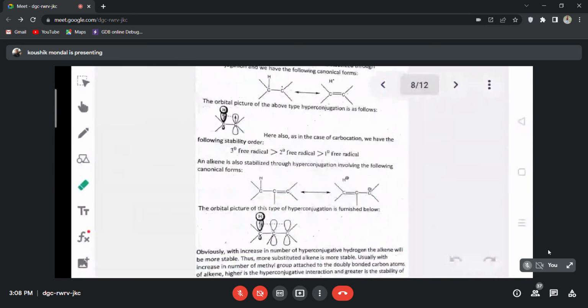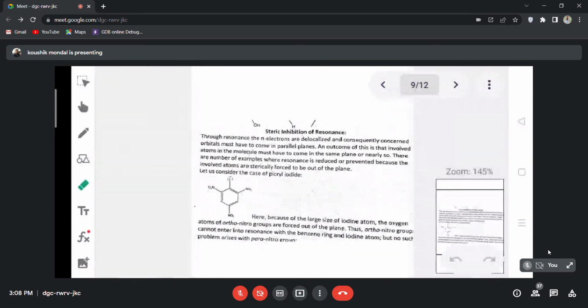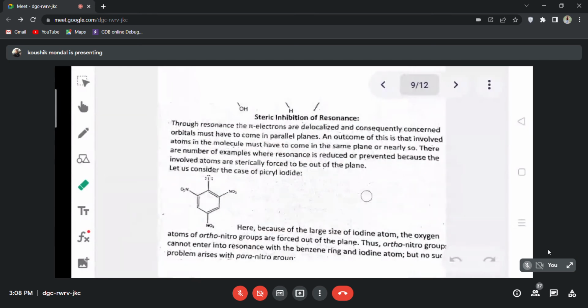Our next effect is steric inhibition of resonance. Can anyone tell what a steric effect is?